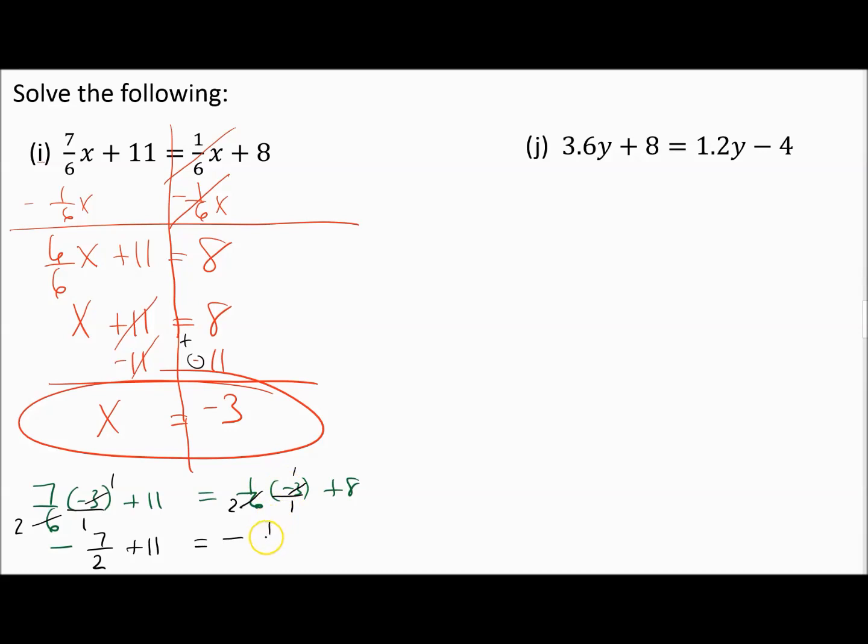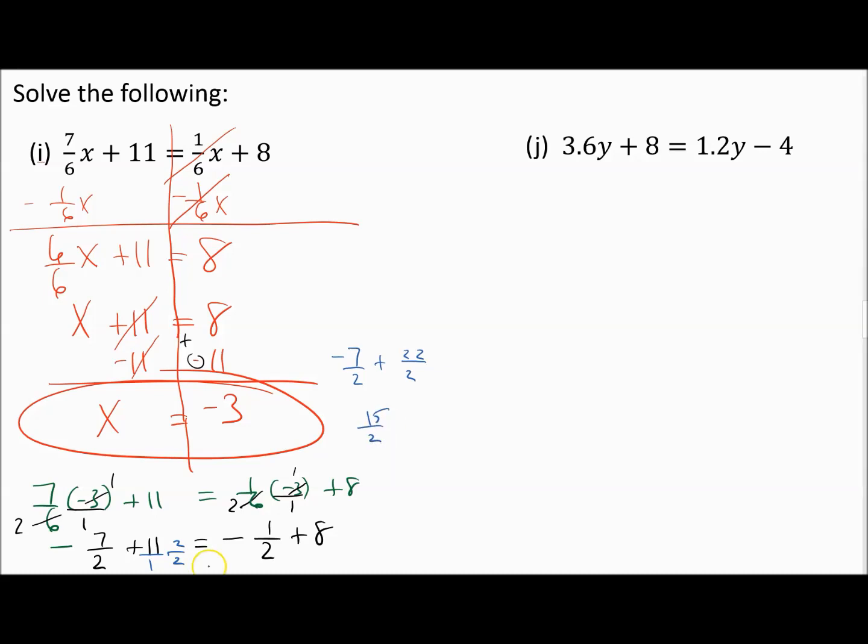So 1 times 1 is 1, over 2 times 1 is 2, plus 8. Now my next issue is I don't have a common denominator. Okay, so this 11's over 1, I need it over 2, so I'm going to multiply by 2 over 2. Now I have negative 7 over 2 plus 22 over 2, which is going to give me 15 over 2.